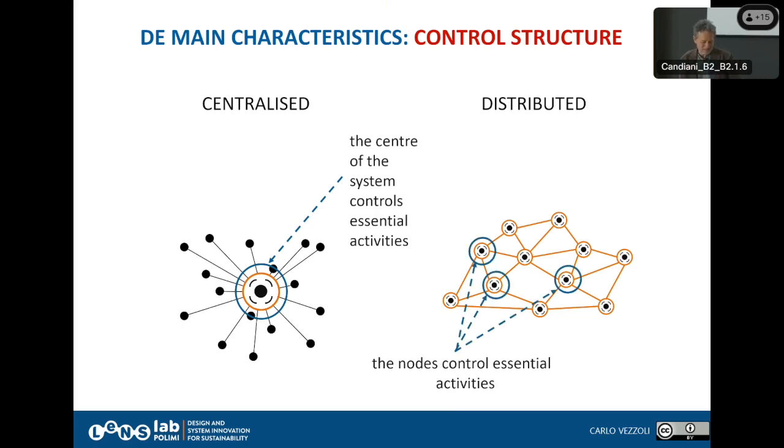In a distributed system, who is controlling? If I have a solar panel on my roof, I'm the one who decides when to switch it on and off, how to install it, how many to install, and so on.